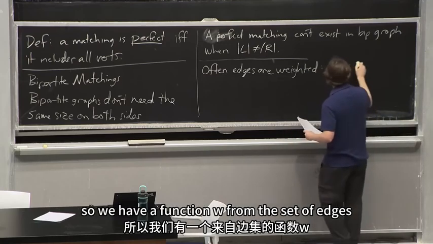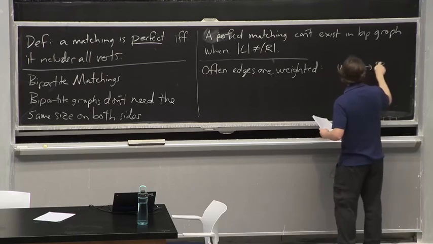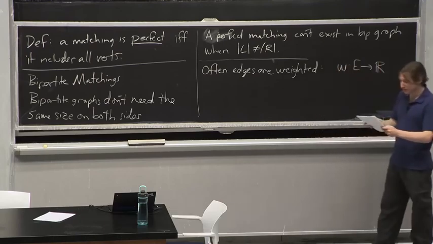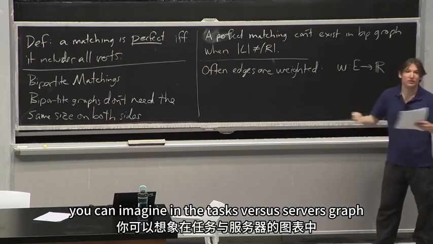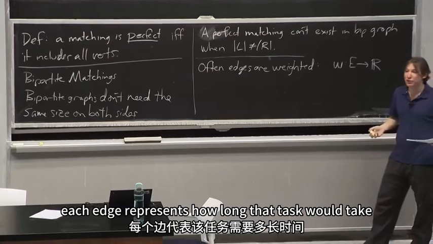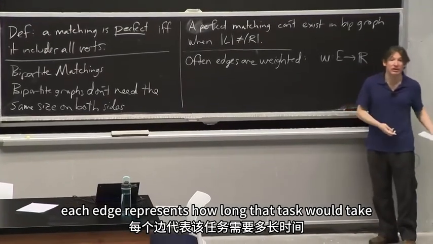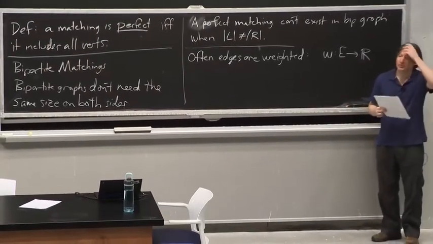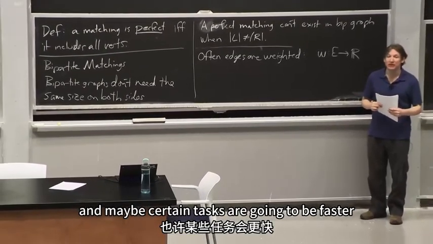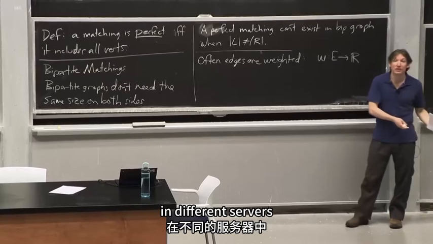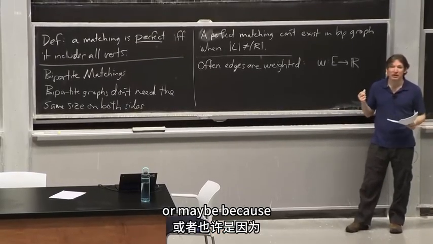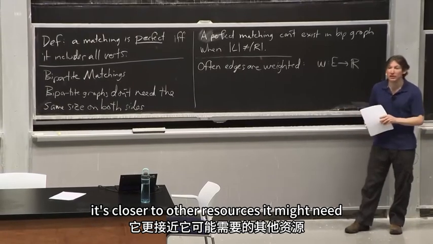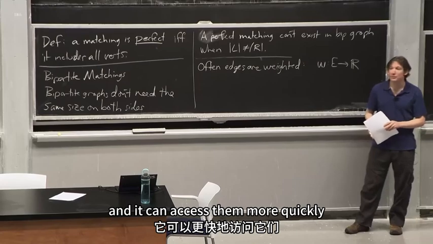So we have a function w from the set of edges to real numbers. You can imagine in the tasks versus servers graph, each edge represents how long that task would take on that server. And maybe certain tasks are going to be faster in different servers, maybe because that server is more powerful, or maybe because it's closer to other resources it might need and it can access them more quickly.